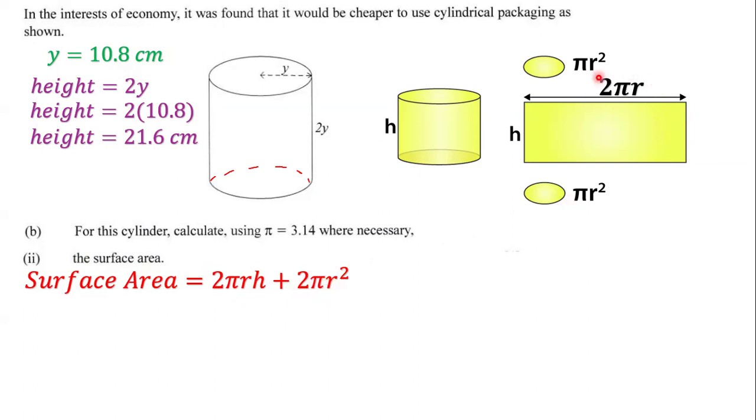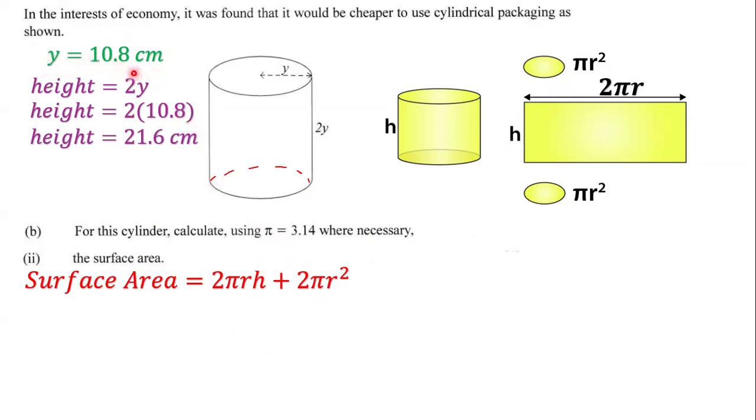And hopefully with me explaining this, you can understand why that's the formula. Now let's plug these values in, and then after we substitute, we can compute. Pi is 3.14, as we can see from the question. r is what we just figured out, 10.8 centimeters, which is the radius.